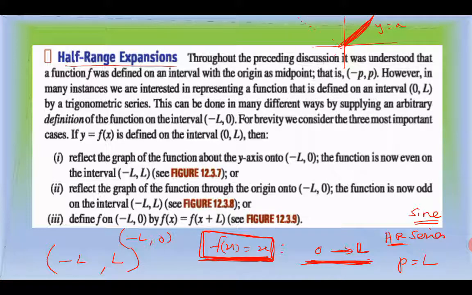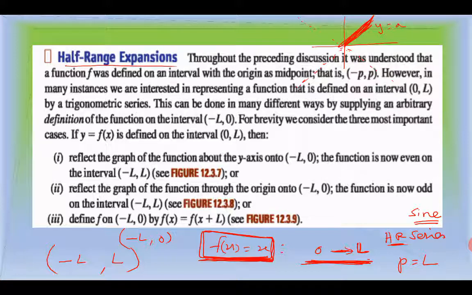If I extend this in this direction, it will become an odd function, isn't it? So it depends upon how we extend. If we extend this side, it will be just a reflection about the x-axis. So how do we extend the given part in the opposite direction?